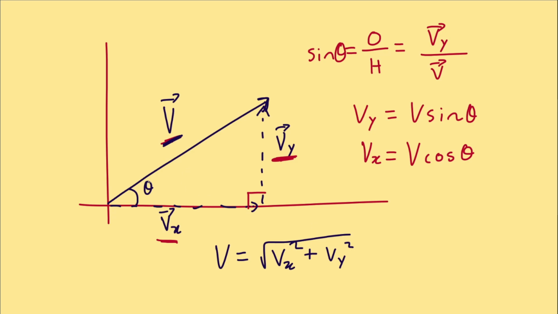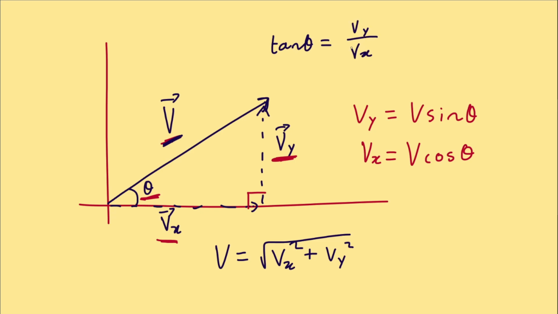Now, how about finding the direction, which is the angle? The direction can be found with tangent. So let me make some space up here. The direction is tan theta equals vy over vx. And the reason why is because if you remember from trigonometry, tangent is also equal to sine over cosine, and sine is the y coordinate, cosine is the x coordinate.